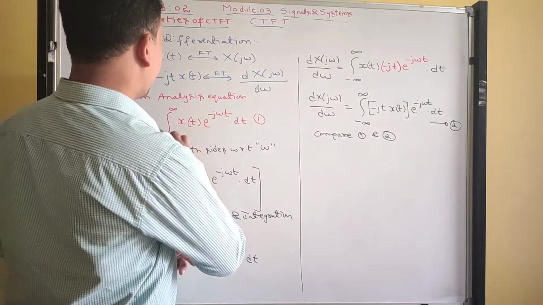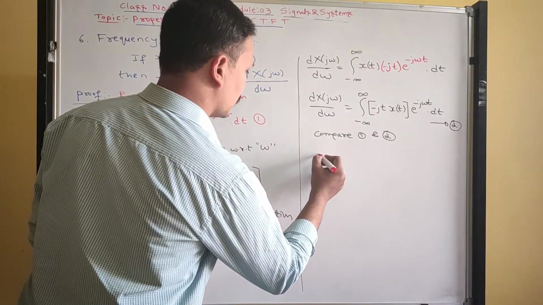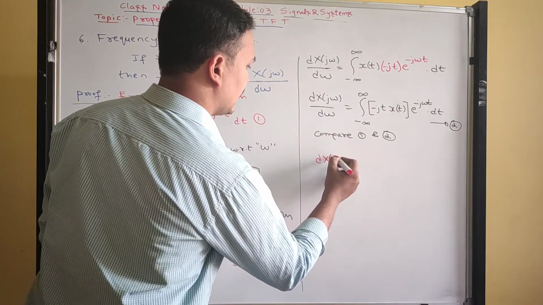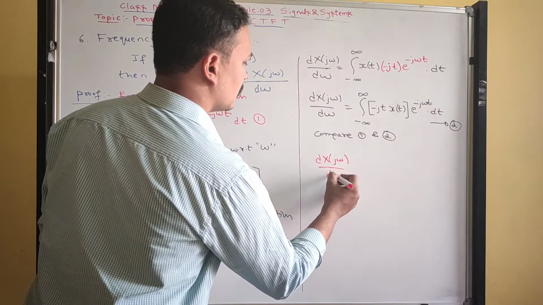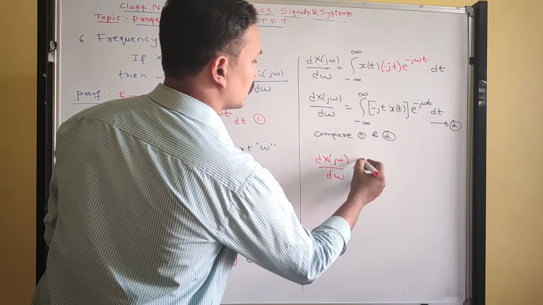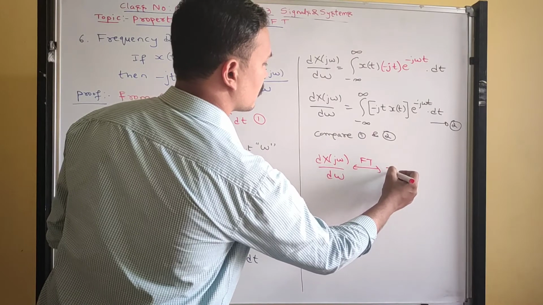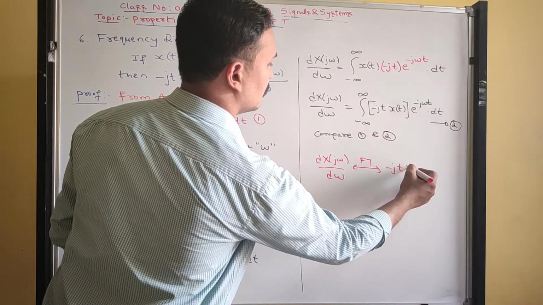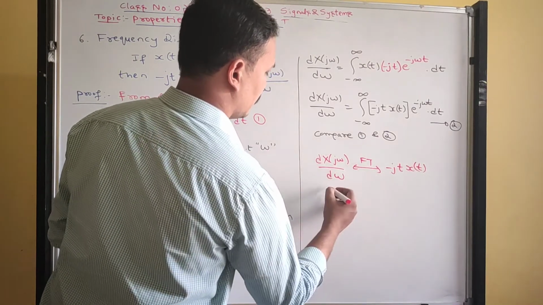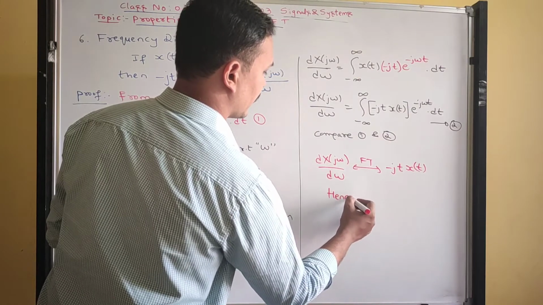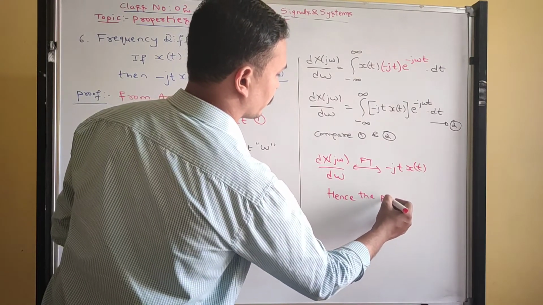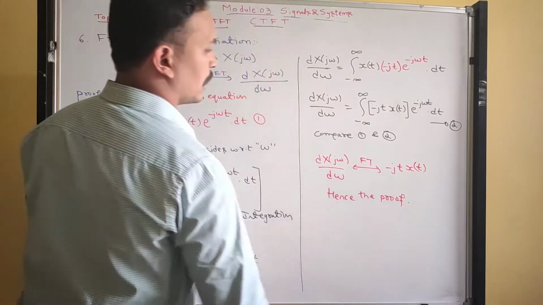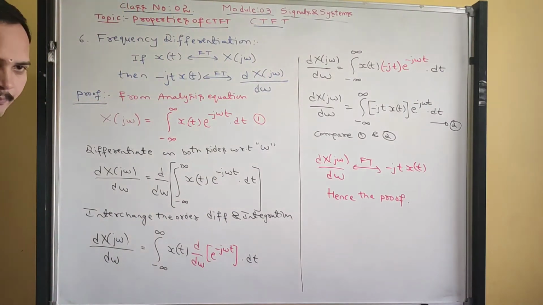So by comparing 1 and 2, we can conclude that dx of j omega by d omega has the Fourier transform pair minus jt into x of t. Hence proved. Okay guys, understood? Very, very important.